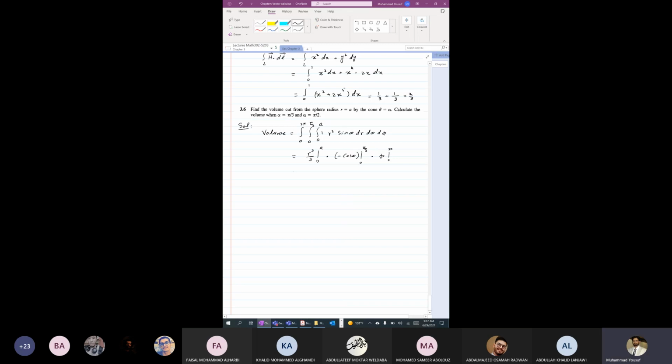So it is a cubed over 3 times cosine of pi over 3, which is 1 over 2, minus this, so plus cosine 0, which is 1, then 2 pi. Inside is a half, and the half and the 2 cancel. So it is pi a cube over 3. This is the answer.